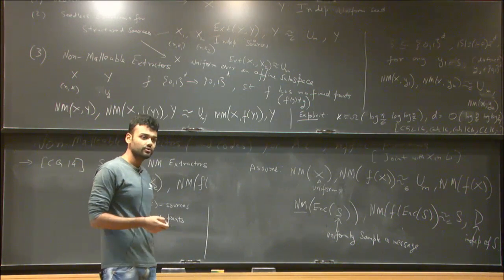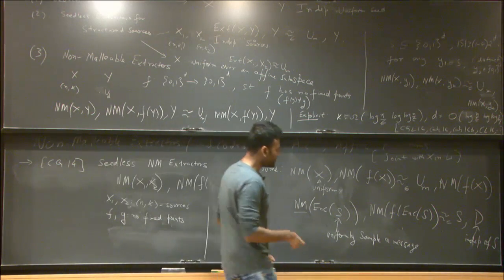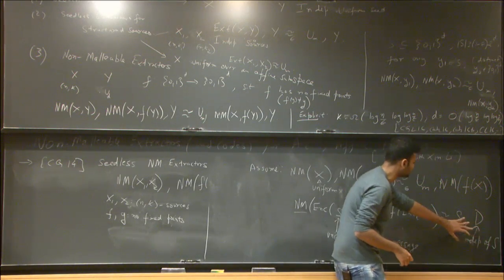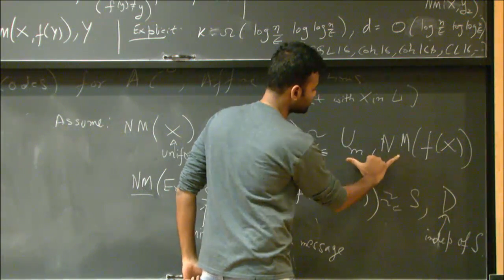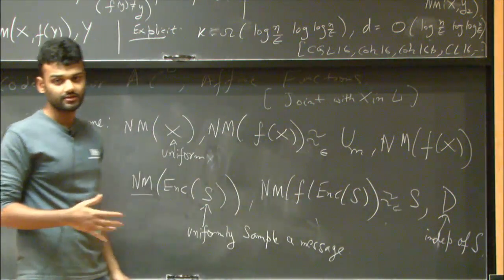What is D telling you here? D is some distribution which is independent of S. It's kind of saying that these are both independent random variables.